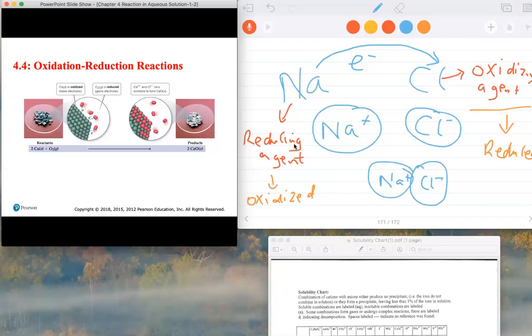So the 6 terms: oxidation, reduction, reducing agent, oxidizing agent, what is reduced and what is oxidized in the redox reaction. Those are the key terminologies. You should understand what they mean, and you should be able to recognize them in a redox reaction.